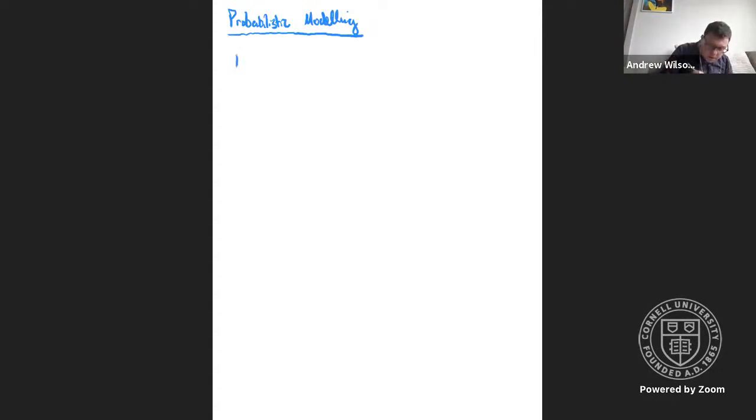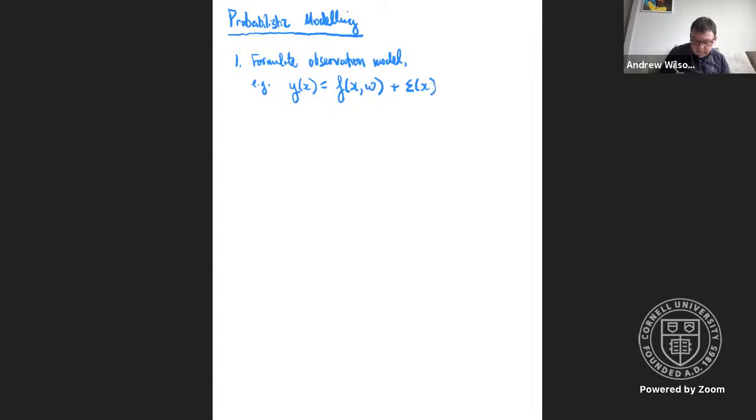So step one would be to formulate an observation model, and if we're thinking about regression, we could say, for instance, that the points that we observe, y of x, are equal to some latent function that we don't observe, the ground truth, plus, for instance, Gaussian noise.